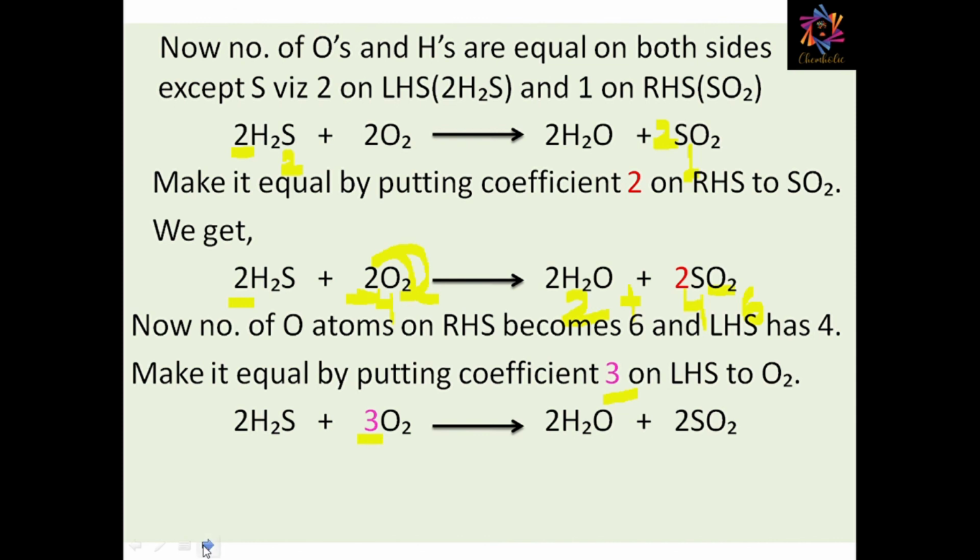Now count again the number of all the elements. We'll start with the hydrogen. So we have 4 hydrogens on this side, and we have 4 hydrogens here, equal. So no worries. Now we'll go to sulfur. It is 2 sulfur here, and we have 2 sulfur here.